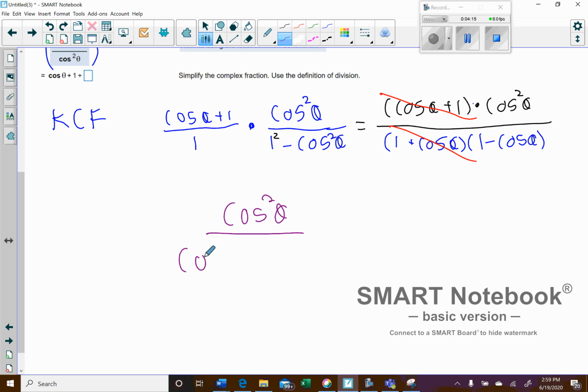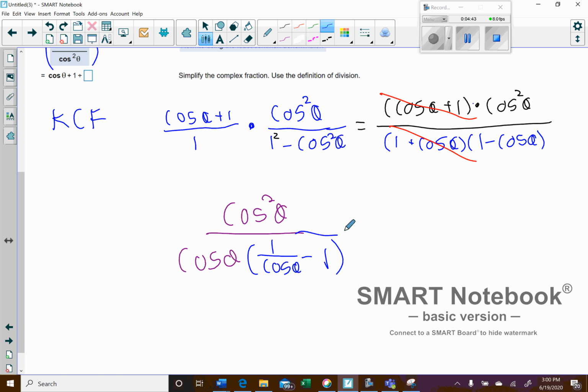So I'm going to have a cosine of theta here. Okay, sorry, my pen was going a little screwy on me. We're going to factor that out, and that's going to leave me with 1 over cosine of theta, and then that'll give me a minus 1 right there.